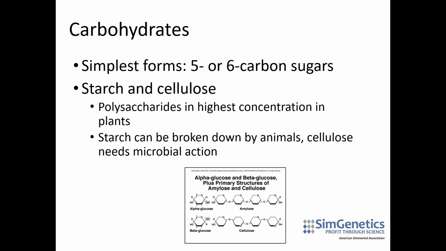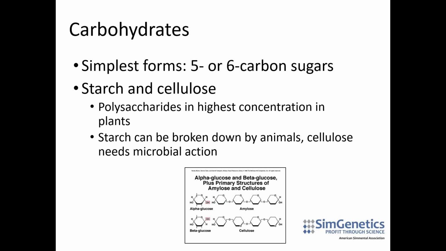Okay, and so the difference here is basically in how those sugars are bonded together. So you can see down here in this little picture, we've got amylose or starch on the top picture, and then we've got cellulose on the bottom picture.